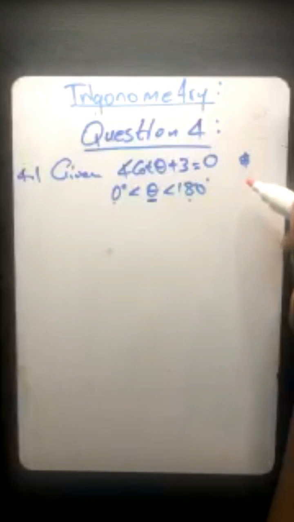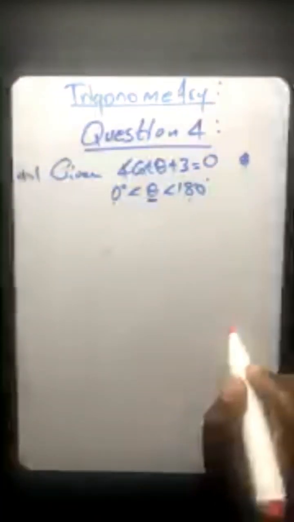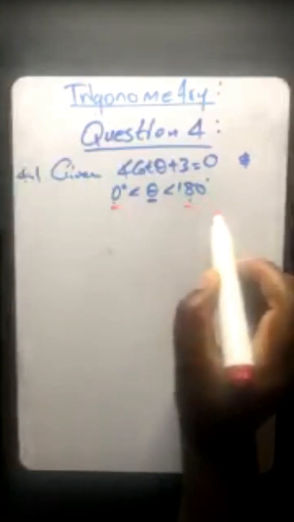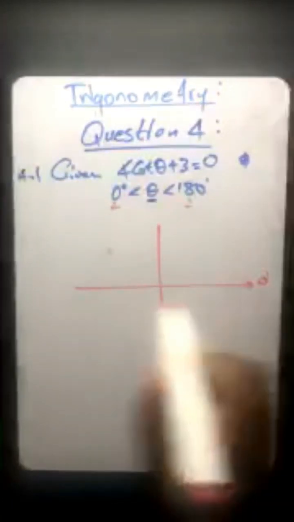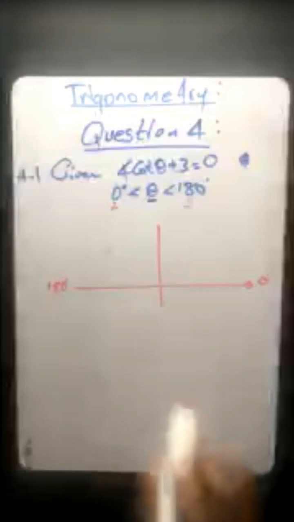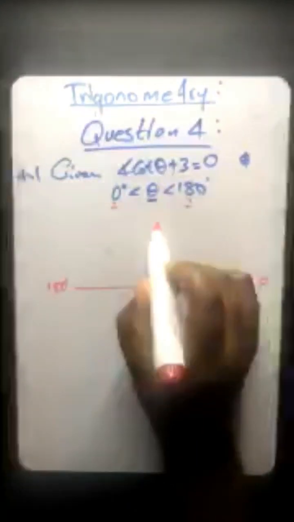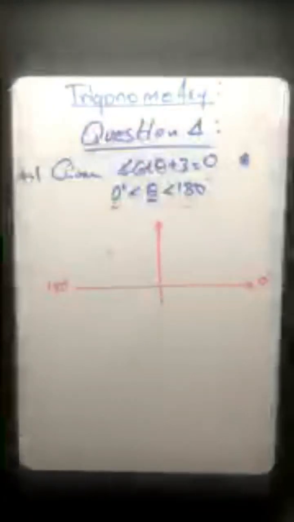When it comes to this type of question, it's very, very important that you complete your right-angled triangle. This is where you need to remember that the angle lies between 0 and 180 degrees, so you are only focusing between 0 and 180 degrees. So your right-angled triangle is either here or there.